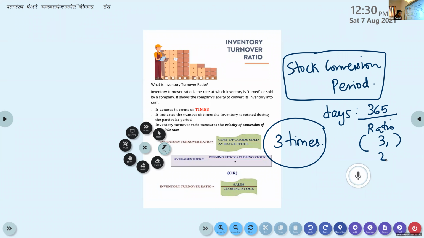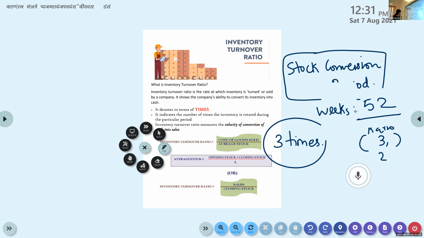If you want the details in weeks, then you keep 52 as the numerator. 52 divided by the ratio, 3, 2, whatever it is. And if you want it in months, what will you put as the numerator?